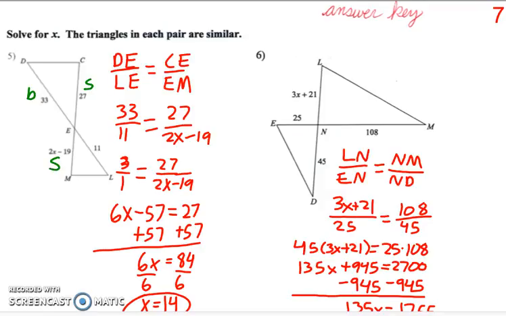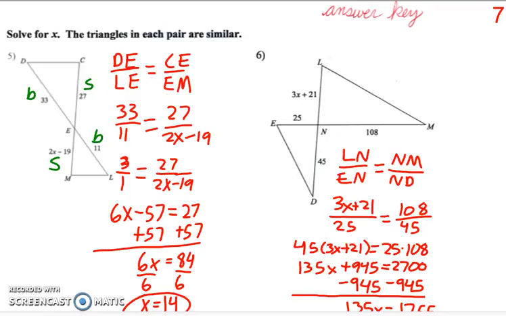So I'm going to put a little S there and the B on the 11 side. So I know now that as I build my proportion, I want to put big over big equals small over small. That is 33 over 11 equals 27 over the 2x minus 19.